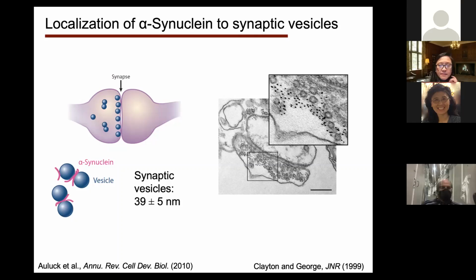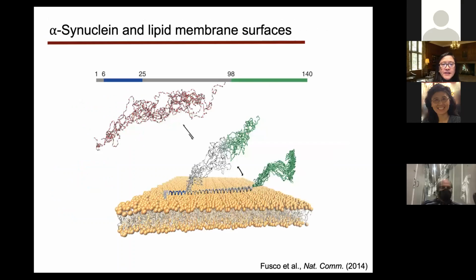And what you can see in this cartoon is that alpha-Synuclein seems to be specifically seeking these highly curved membrane surfaces for its binding. This is a stained micrograph showing the colocalization of alpha-Synuclein with these synaptic vesicles.